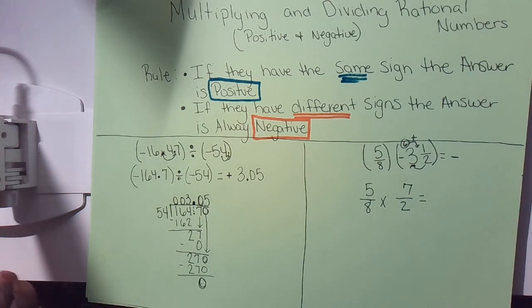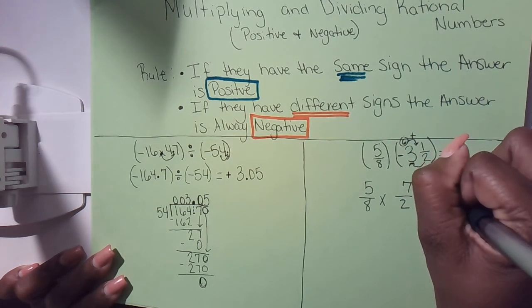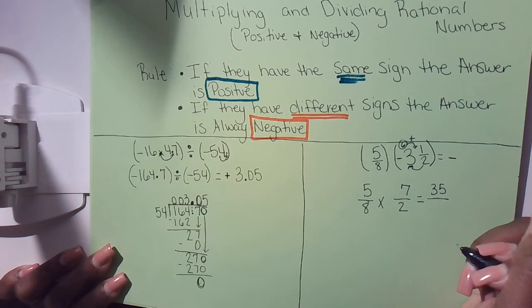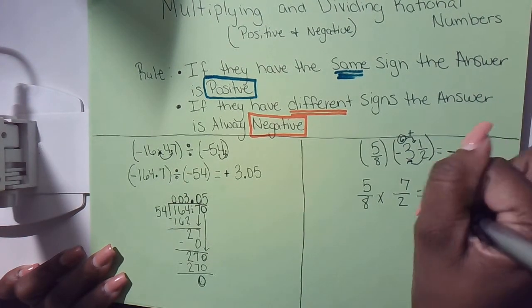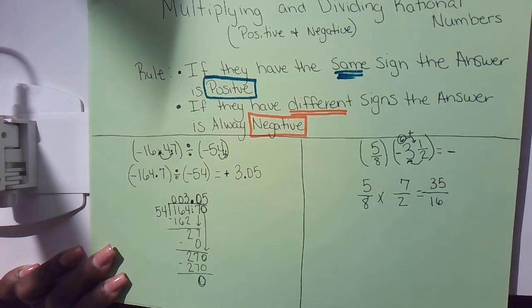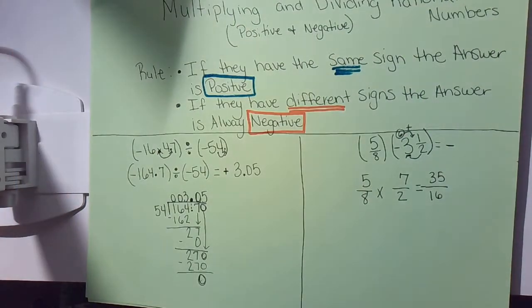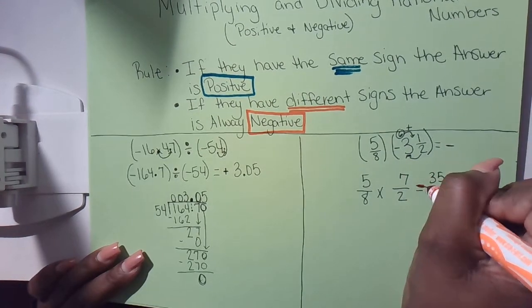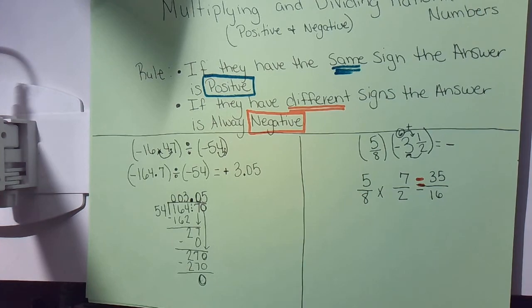So 5 times 7 is 35. And 8 times 2 is 16. And of course I know that my answer is negative. So I'm going to put a negative sign right in front so that we can see it.